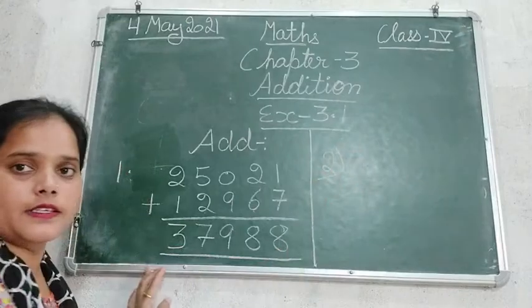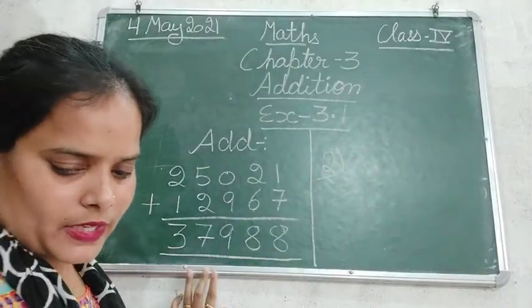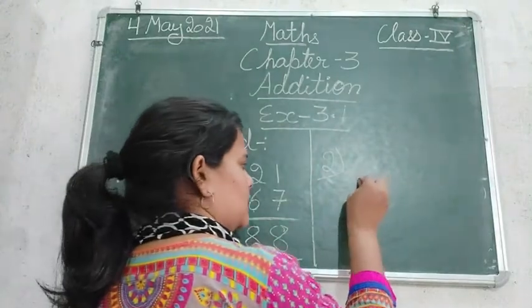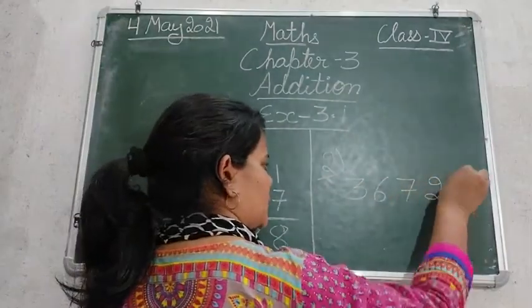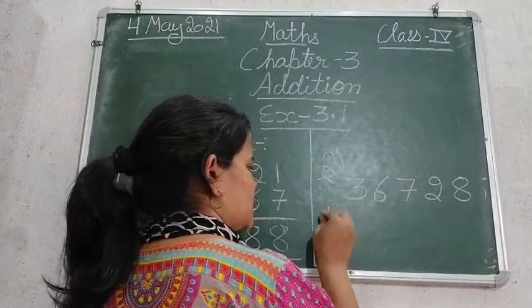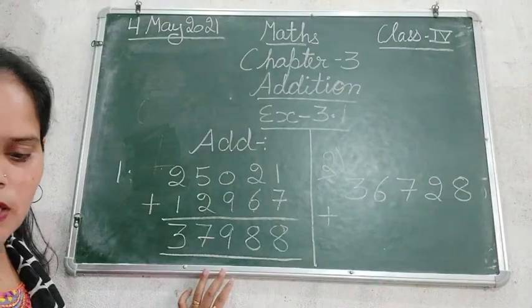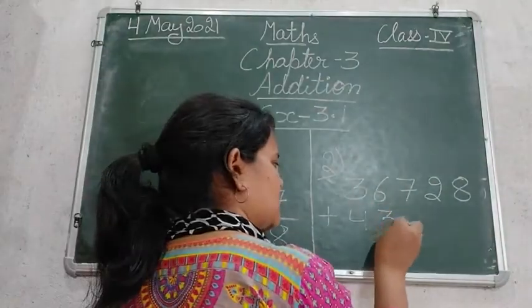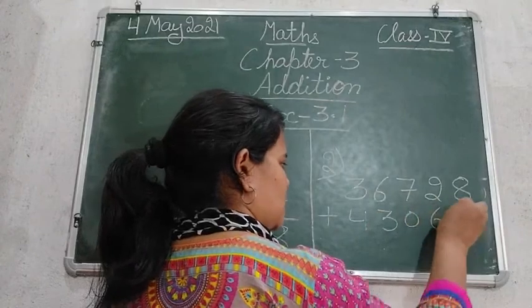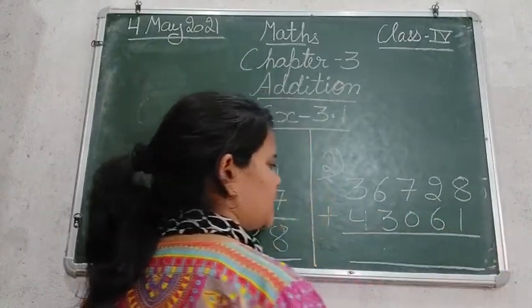The second is 36,728 plus 43,061. Okay, so let's add them.